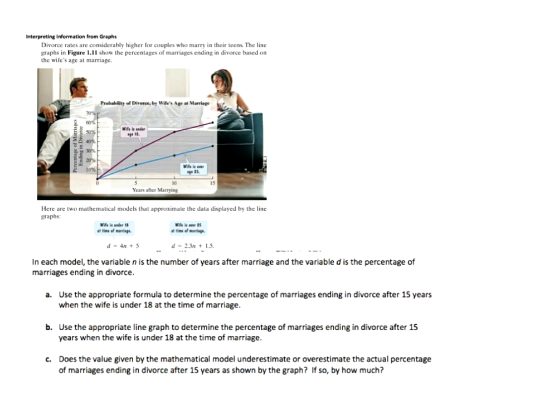So the x-axis shows the years after getting married, and the y-axis, or the vertical axis, shows the percentages of marriages ending in divorce. The red line is showing marriages when the wife is under the age of 18, and the blue line is showing when the wife is over the age of 25 when they're married.